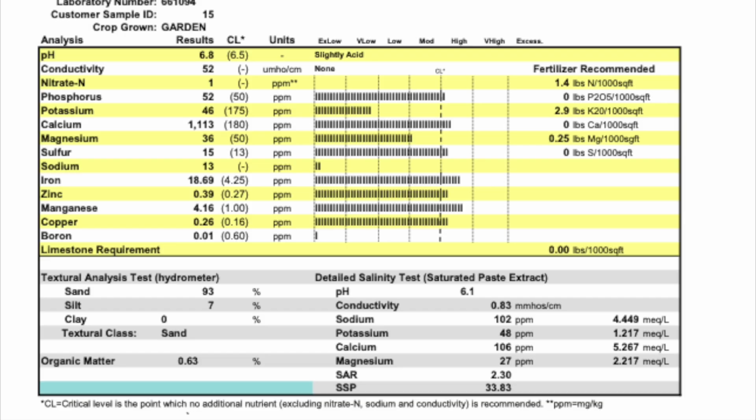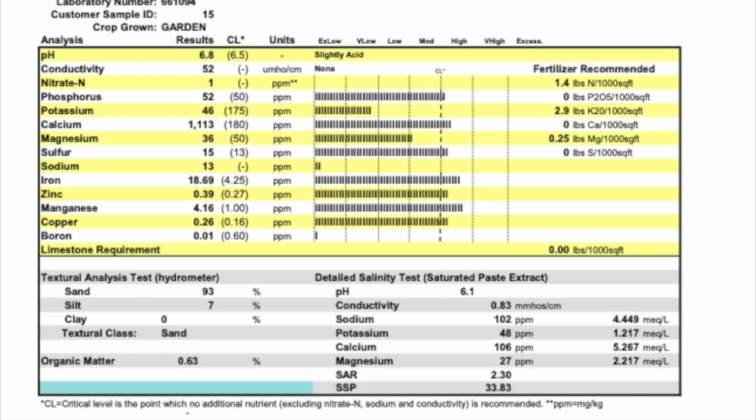His potassium level was very low, so they're telling him to put down 2.9 pounds per 1,000 square feet, which is fine.